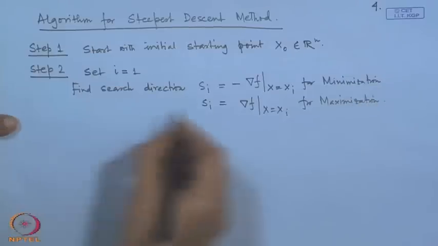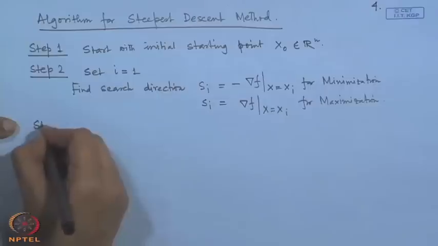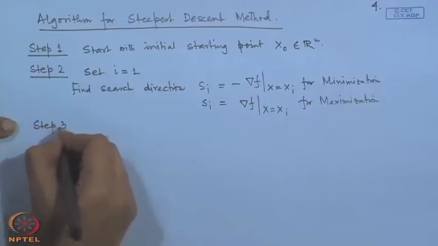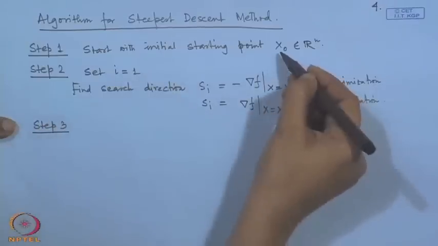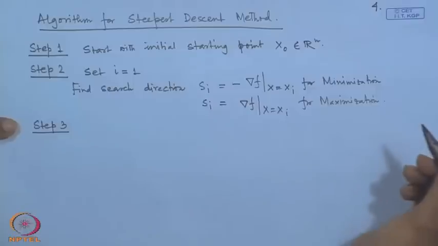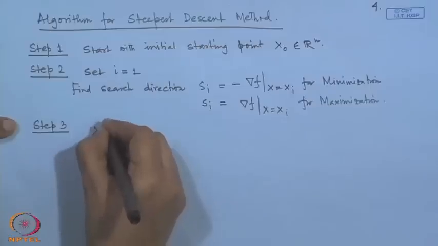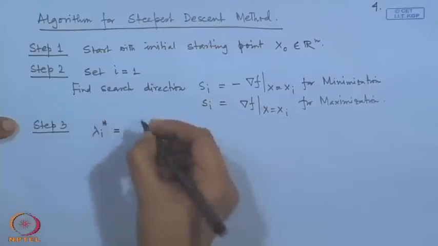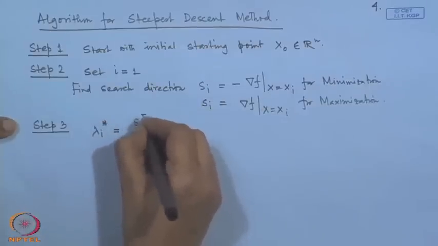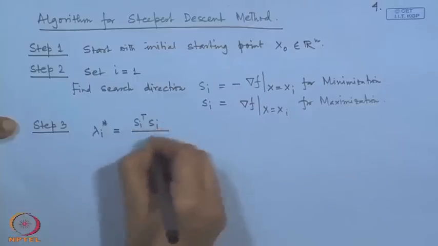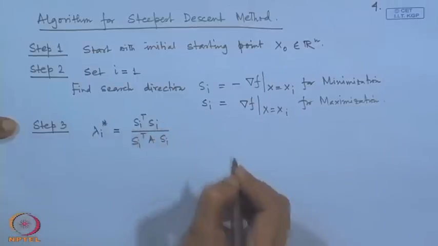Now, once we are getting s_i, our next task is to find the next point from x naught to x 1. That is why we know s 1, we want the lambda 1. That is why we will find lambda_i star, from equation 1, equal to s_i^T s_i divided by s_i^T A s_i.